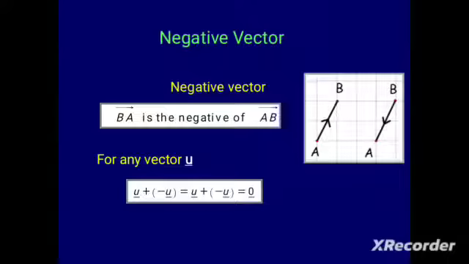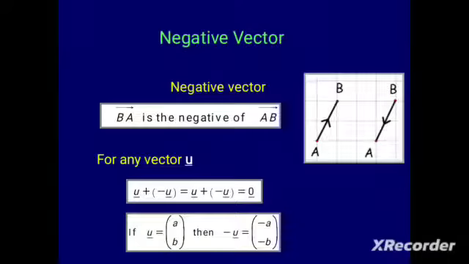Vector u represents vector AB, and vector -u represents vector BA. So we'll get vector u plus negative vector u, and that will give you 0. Now, if vector u is given as (a, b), then vector -u, which is the reverse, will be given as (-a, -b).